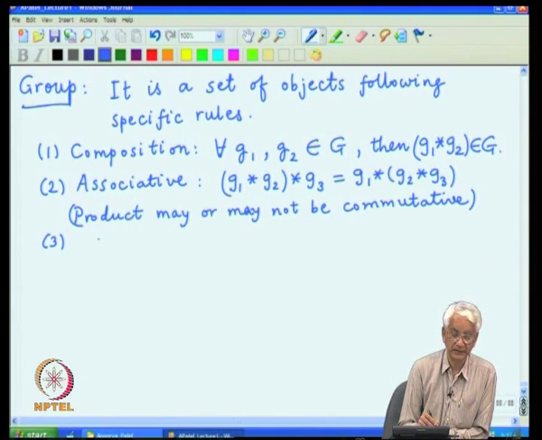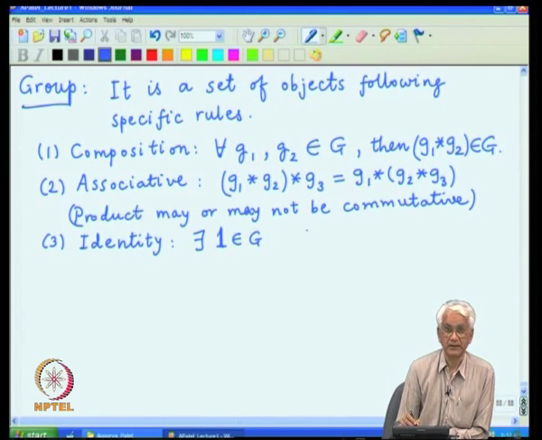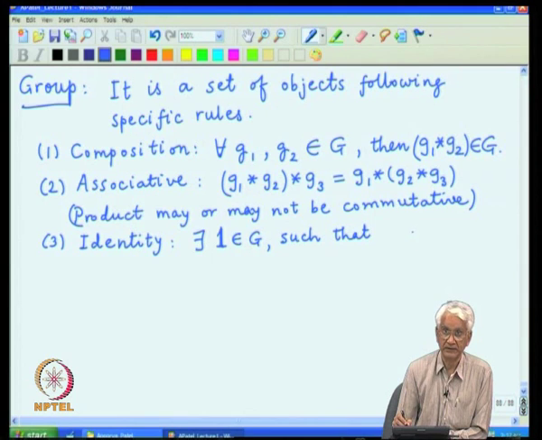The third property is the existence of an identity element, which means that there exists a particular element inside G, typically denoted by 1, such that when it is combined with any other element, you get the same element back.